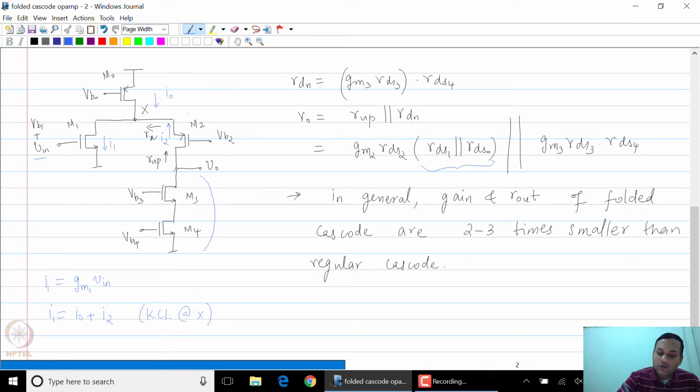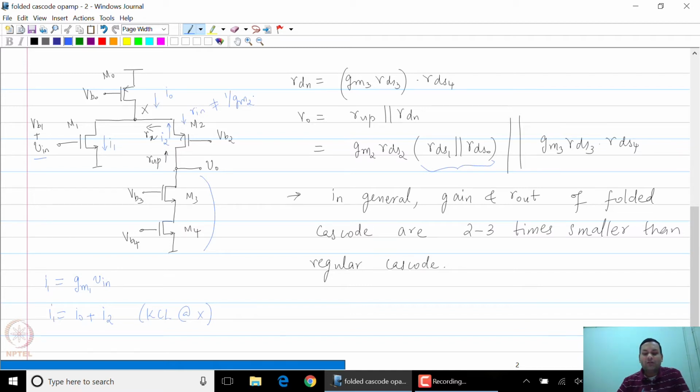So you cannot assume that the input impedance at the source of M2 is equal to 1 over GM. This particular assumption is not valid because you have actually connected a very large resistance at the drain of M2. So please note that. The current will split in some form depending on the two impedances.